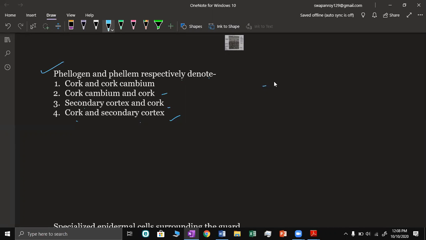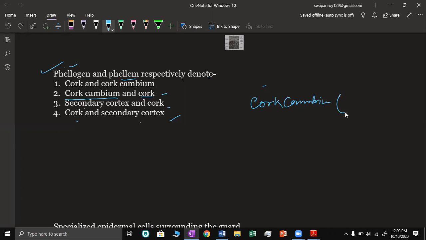Phellogen is cork cambium and phellem is the cork. So what is cork cambium?